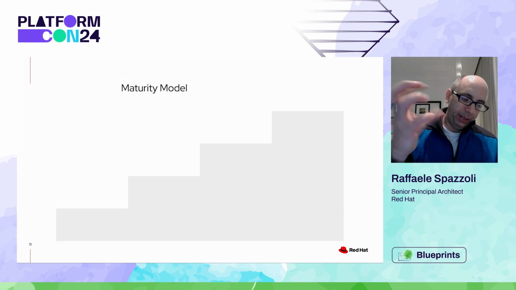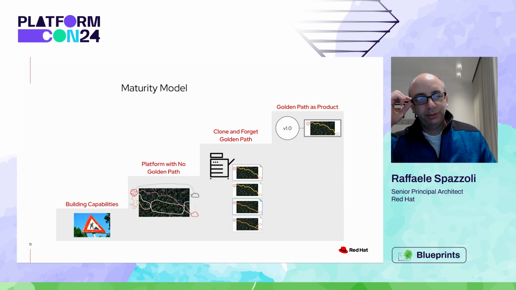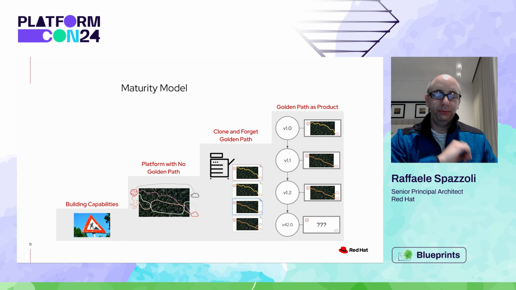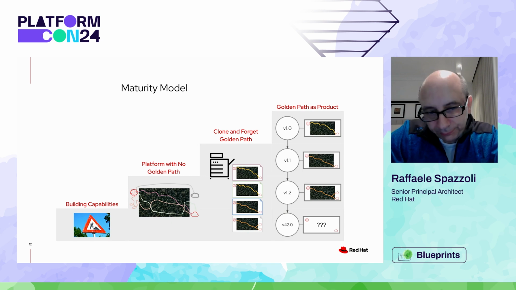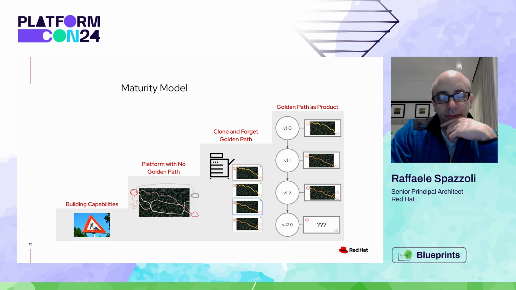Through Developer Hub and the Humanitec Orchestrator, we can enable the concept of golden path. And I'm not going to spend too much time on this slide, but I would like to point out that with the Humanitec approach to golden path, we can actually be at the highest maturity model of golden path.